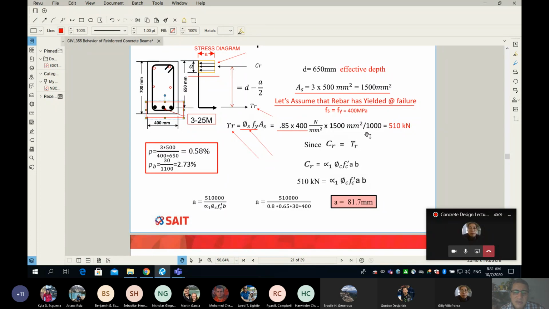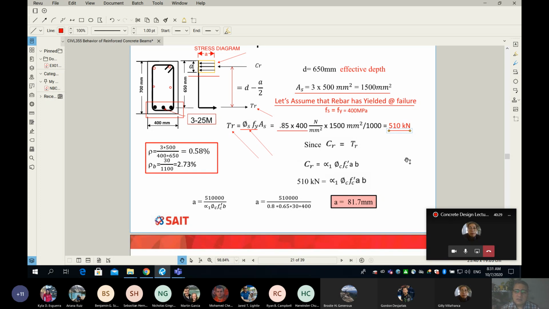And very simple, if you divide by 1,000, then congratulations, now you have the total tension force in your rebar in kilonewton, 510. So this number is the total tension force in your rebar.